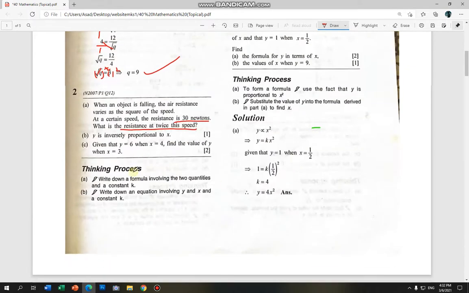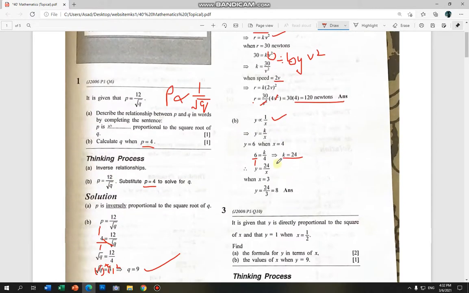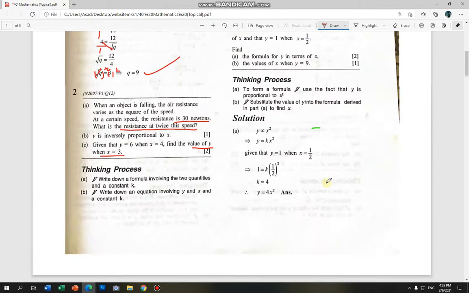Now here he is saying find the value of Y when X is equal to 3. So if you want to find the value of Y, use this equation. Put K is equal to 24 here, X is equal to 3, Y is equal to 8. This was my second question, very easy one.